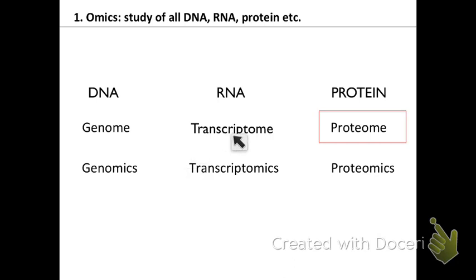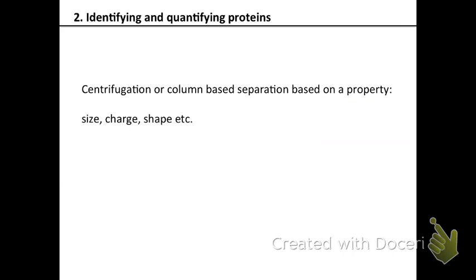We learned lots of techniques about how to analyze the amount of DNA, RNA, DNA sequence, and RNA sequence. And you already learned a bit with Professor Siegel about some of the techniques you can use to analyze proteins. Typically, identifying and quantifying proteins in cells is done through techniques such as centrifugation or column-based separation techniques based on the properties of proteins.